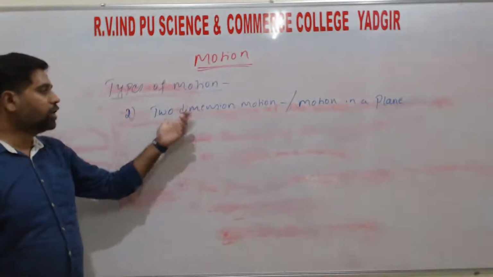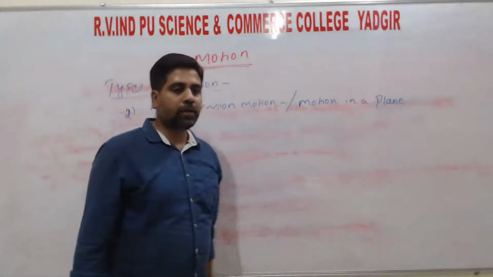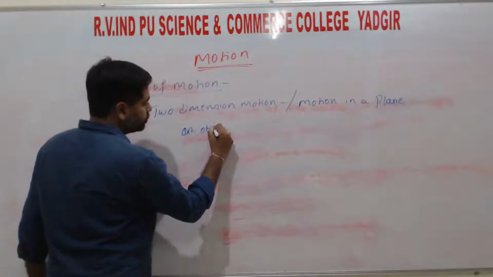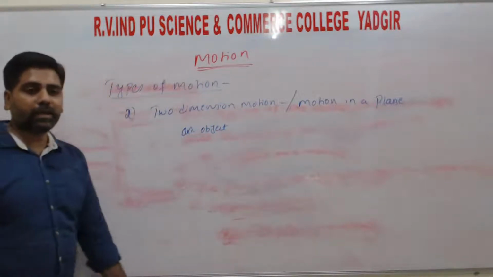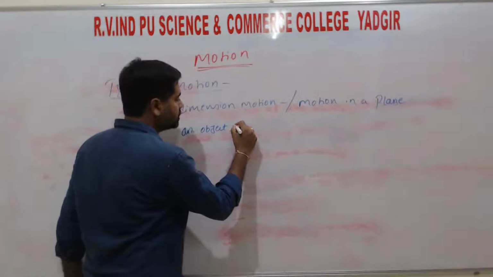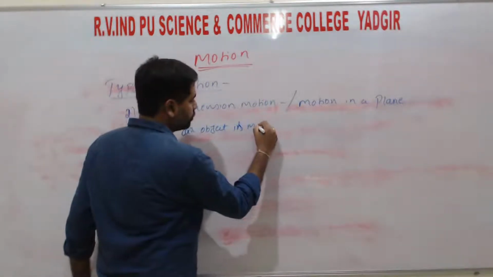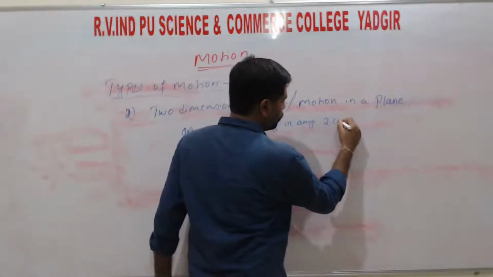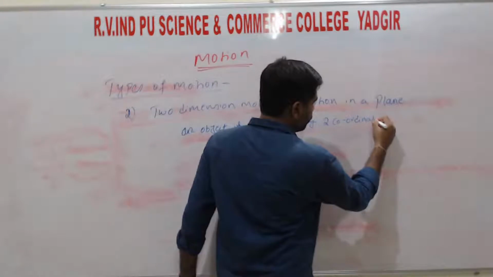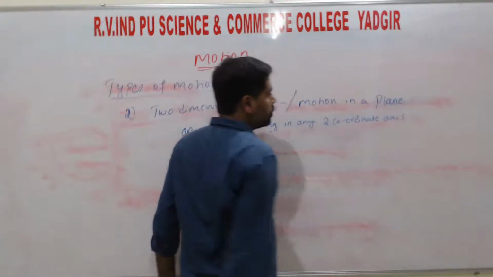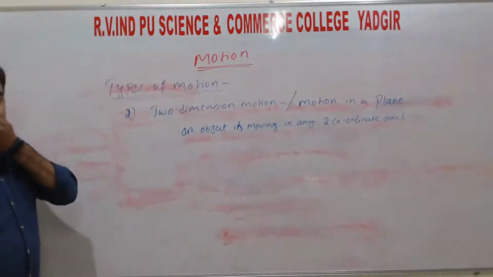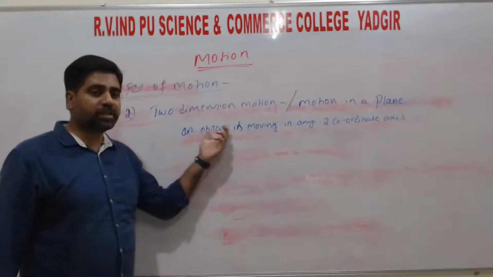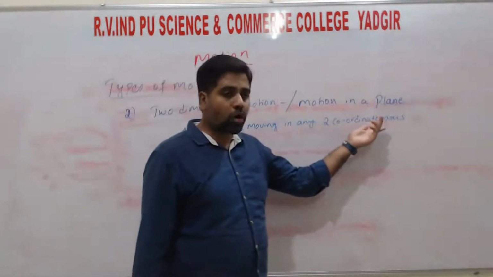So the other name for two dimension motion is motion in a plane. Here an object is moving in any two coordinate axes, right? So this we call two dimension motion. That is, an object which is moving in any two coordinate axes.